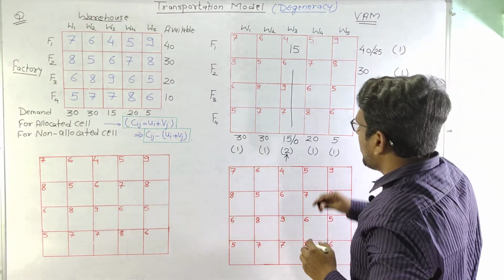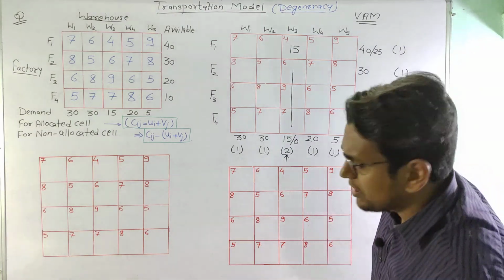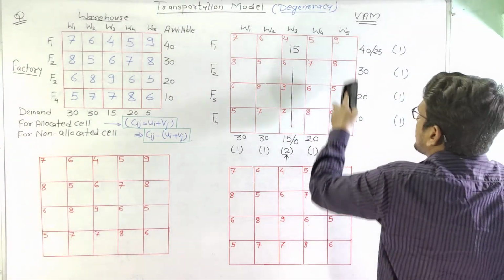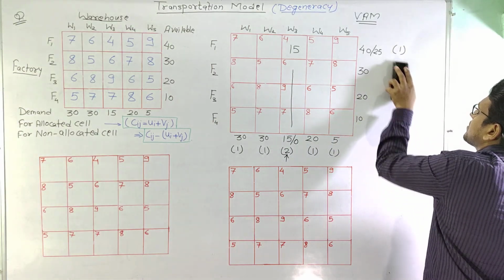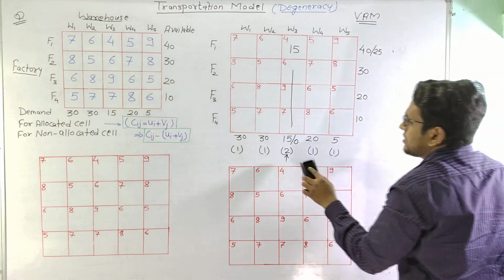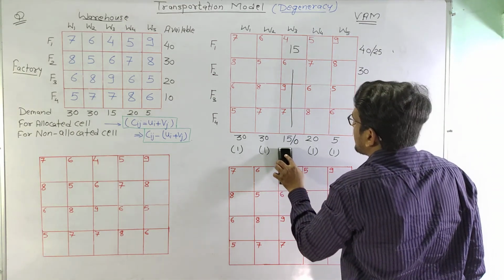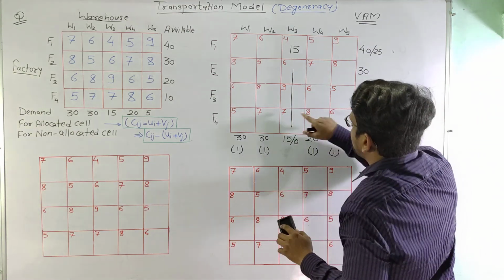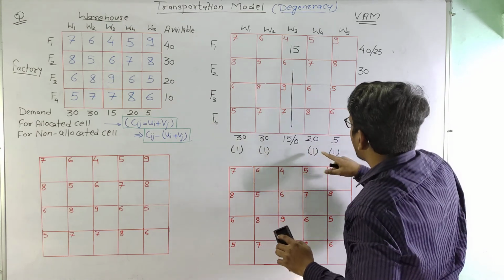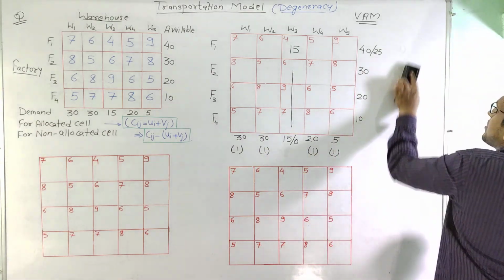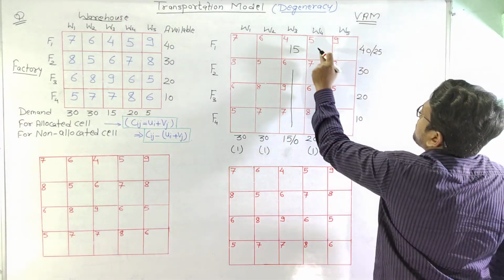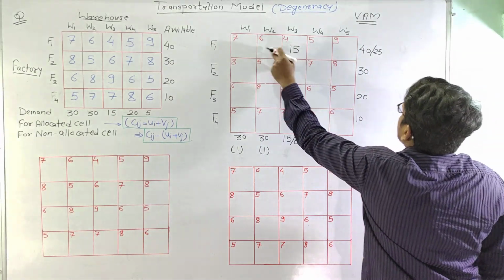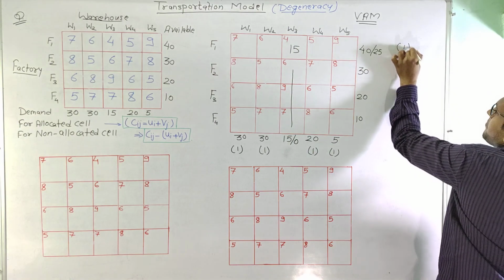Okay. Now again we need to calculate the penalty for the remaining matrix. So I'll just erase this and again calculate the penalty. Here the column does not change, so the penalty will be the same for these 4 columns. Only the row penalty will change. Here the minimum value is 5, next minimum is 6, so the penalty is 1.